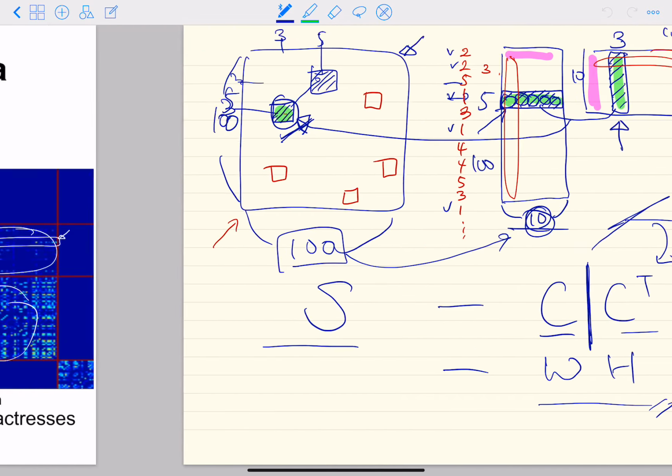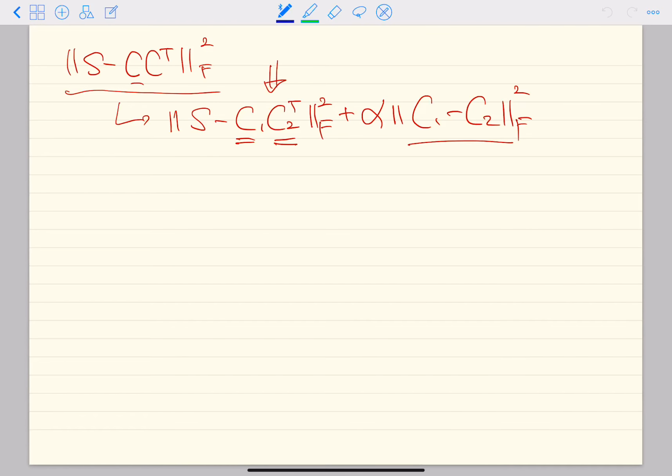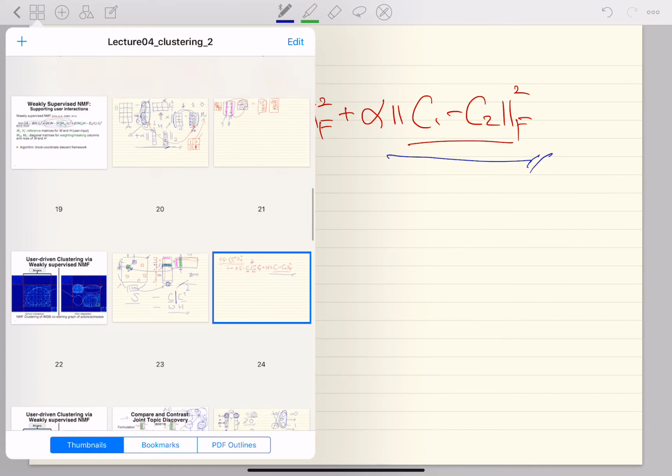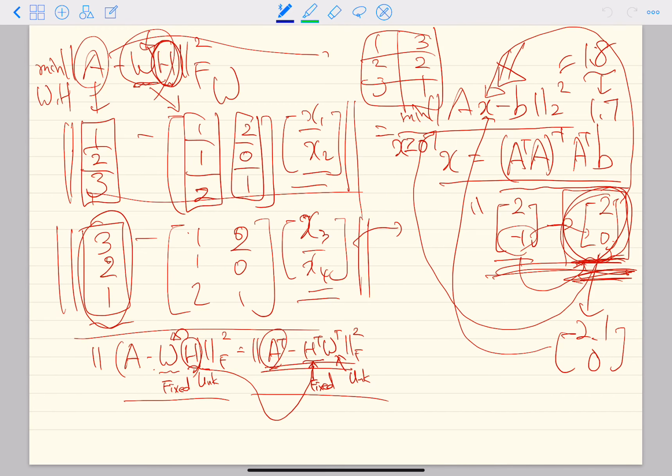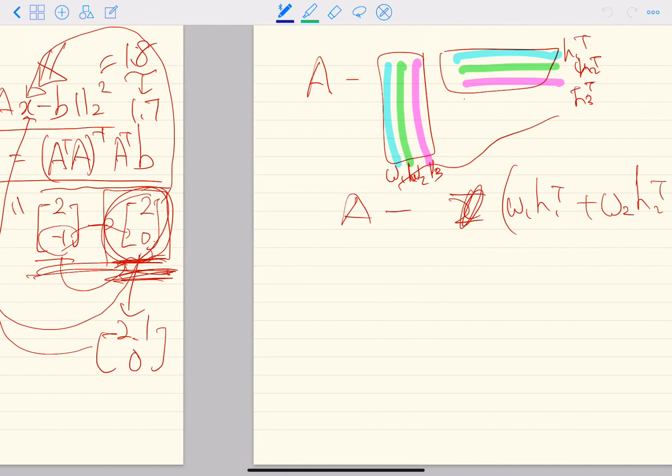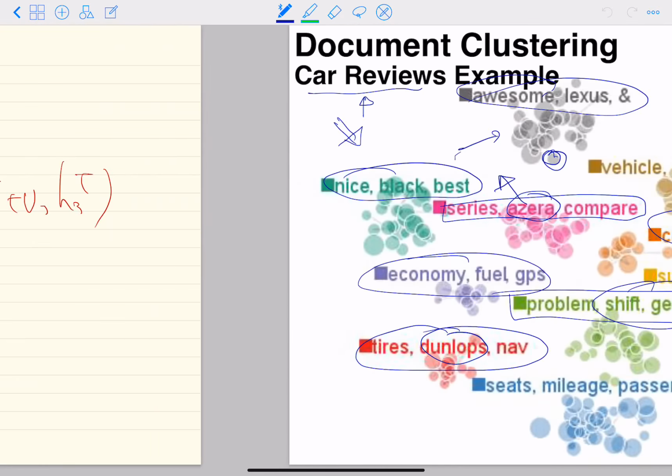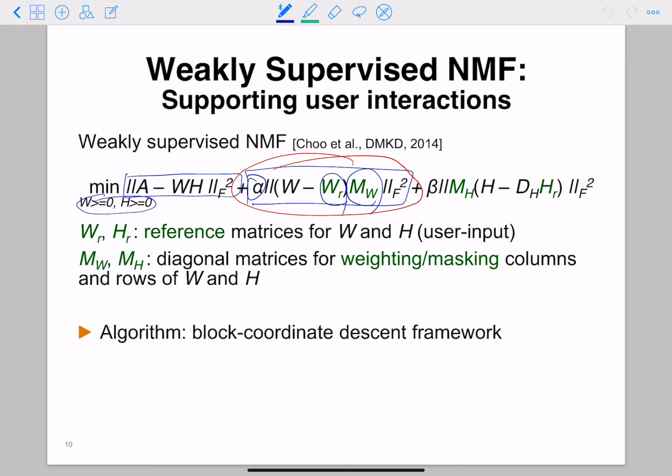Even though we discussed these regularized versions, for example this kind of regularized version, and also another regularized form, in general we can freely set our objective function by using our imagination or creativity. We can put whatever additional regularization term to improve our result in our own manner, okay?